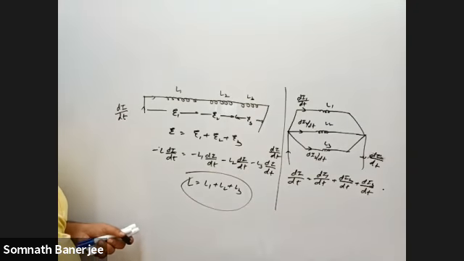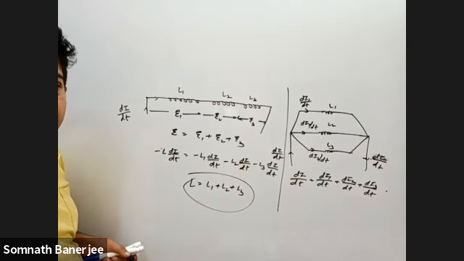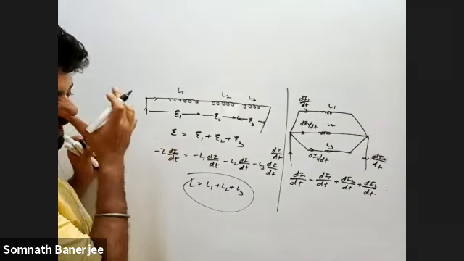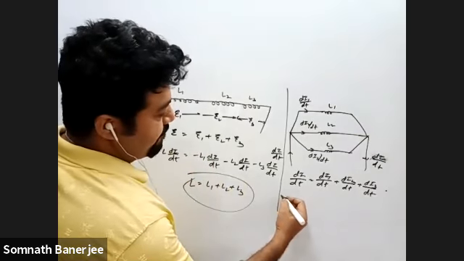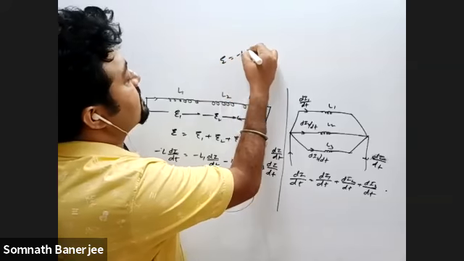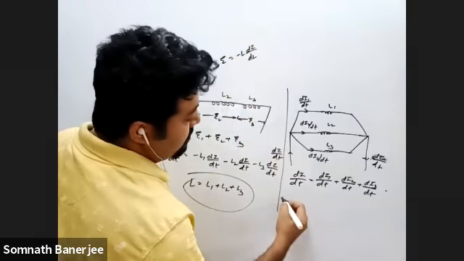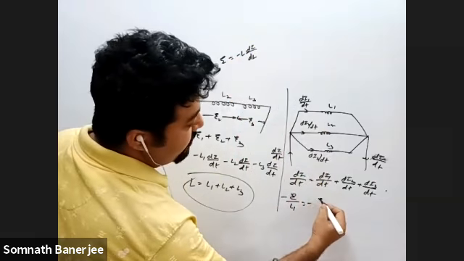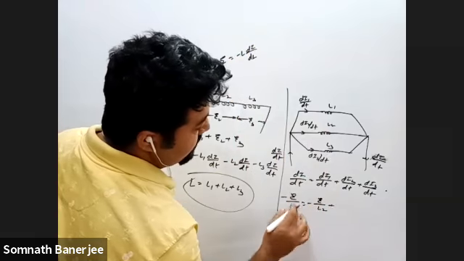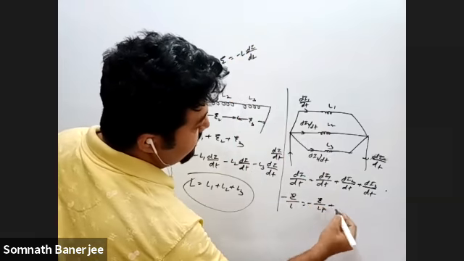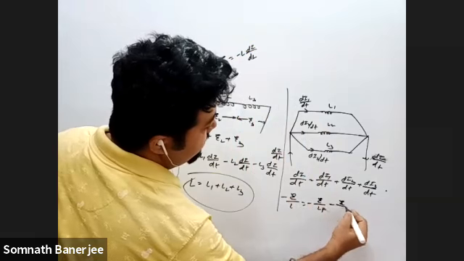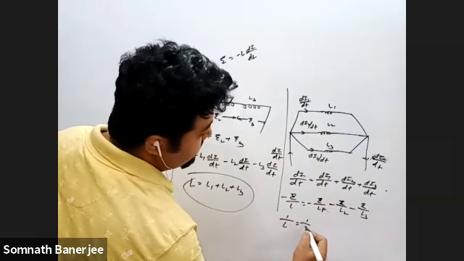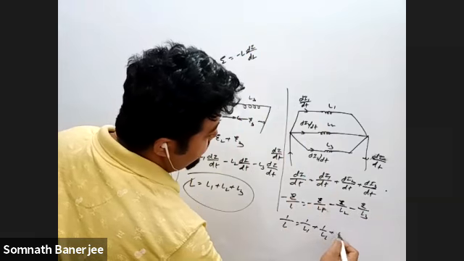Now, the induced EMF is minus L di by dt, so minus E by L equivalent equals minus E by L1, minus E by L2, minus E by L3. So 1 by L is 1 by L1 plus 1 by L2 plus 1 by L3.